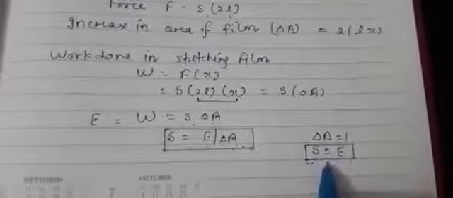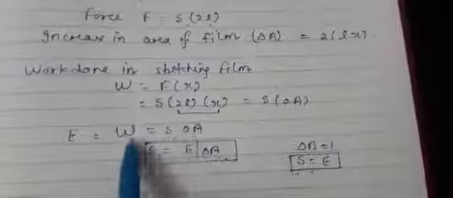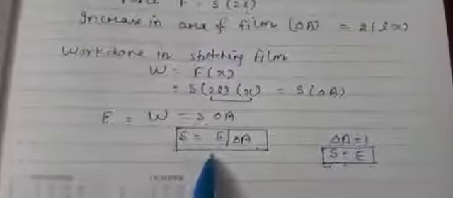So this way it can be proved directly. You have derived the expression for surface energy in terms of surface tension. You have to learn this formula, as it will be used directly in many numericals.